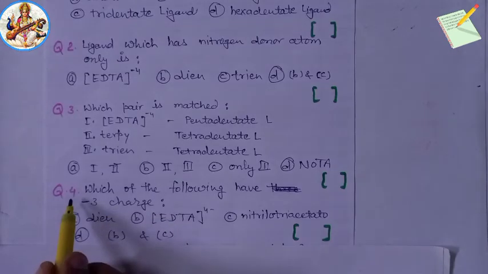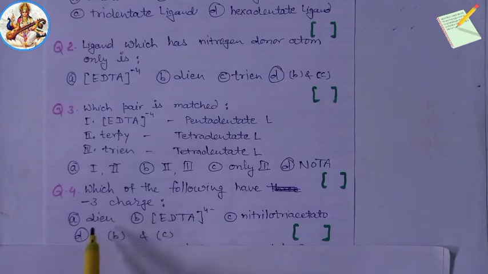Now next, fourth question: which of the following has -3 charge? Very important question. Option A, dien. We know that dien is a neutral tridentate ligand. Option B, EDTA 4-, we know that EDTA 4- is a hexadentate ligand and it has -4 charge.